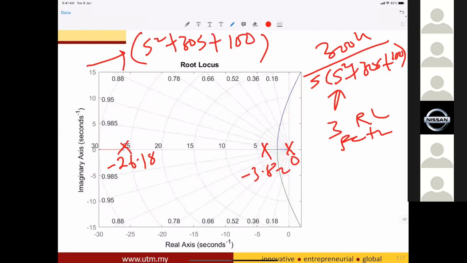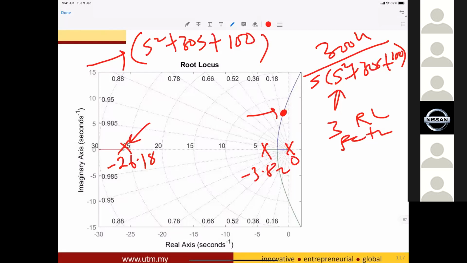Is this one an open loop pole or a closed loop pole? Closed loop pole.